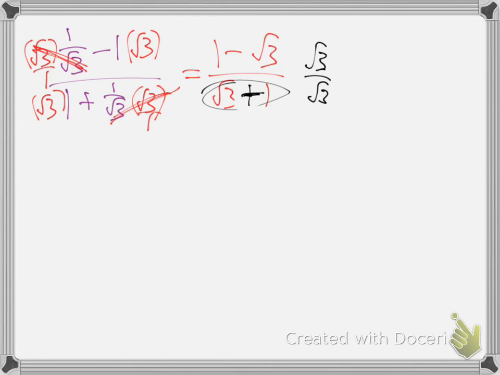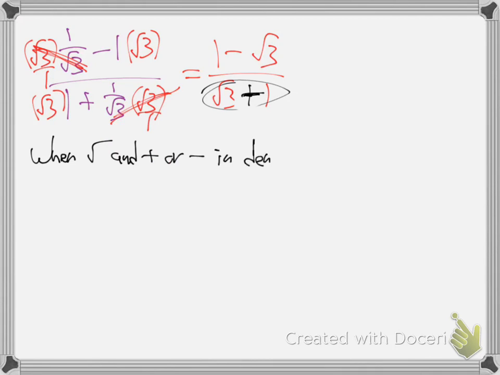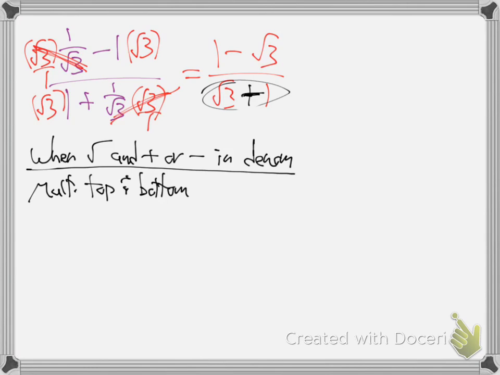So you had that in algebra. And you remember perfectly what to do about it, right? Anybody remember? What do you do when you got a root and a plus or minus in the denominator? There's a special action you take, it's even got its own name. You multiply top and bottom, not just by the root 3.